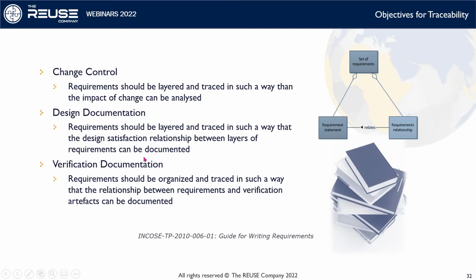Design documentation, as I mentioned, you should be able to see what design decisions have been made to decide that the requirement should be as it is. And again, verification. So we would need to be able to trace what verification activities and outcomes of verification have been connected to each requirement.